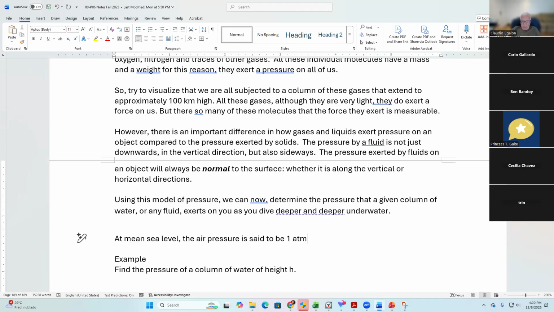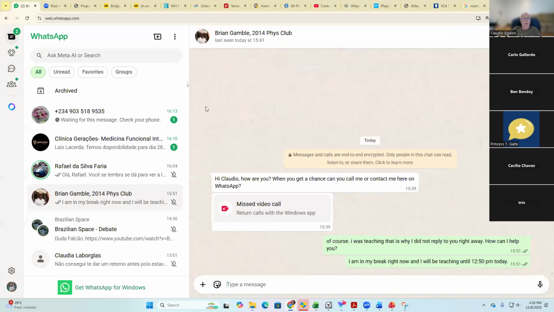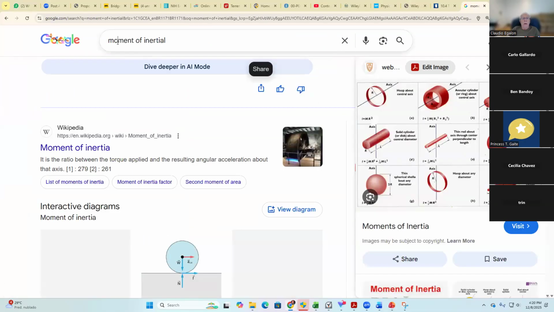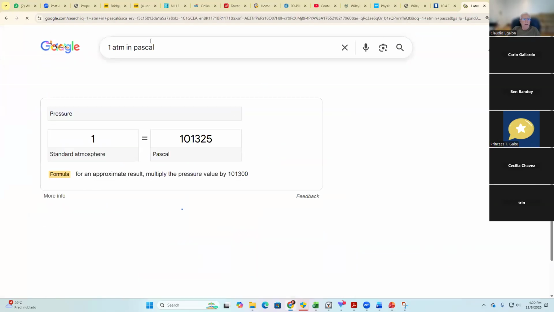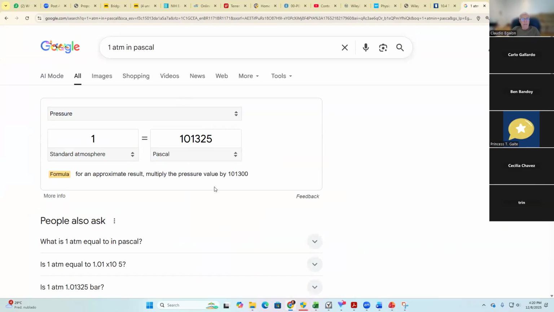And this unit is approximately 101,000 Pascal. 1 atm in Pascal is 101,325 Pascal.